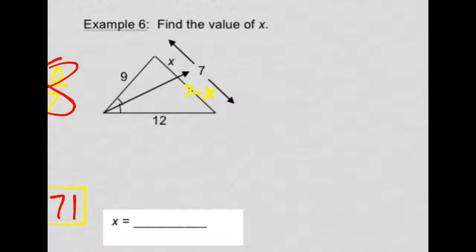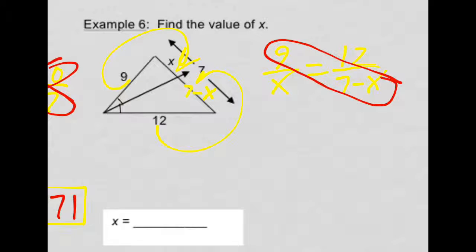Alright. So hopefully you set it up as 9 over x is equal to 12 over 7 minus x. And then we just solve it the same way.